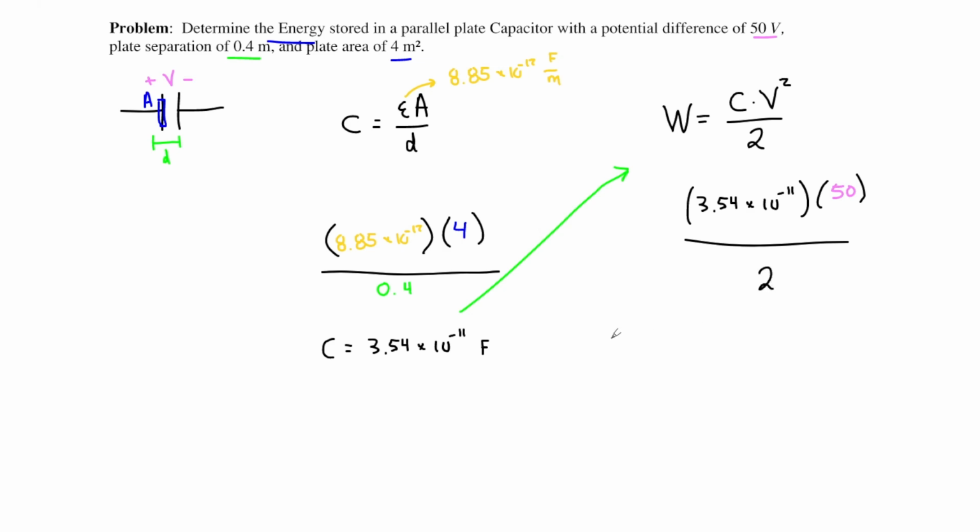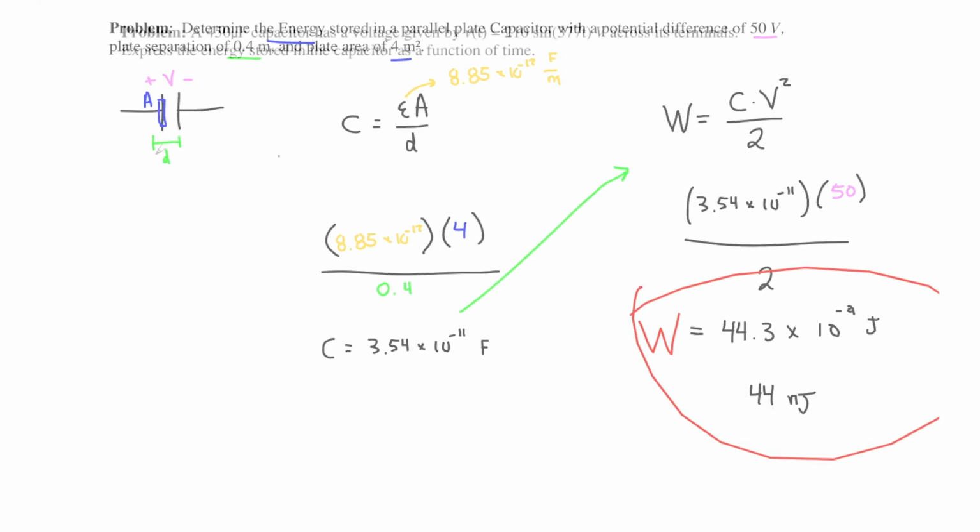Therefore, finally, we are able to conclude that our energy is equal to 44.3 times 10 to the negative 9 joules, or simply 44 nanojoules.